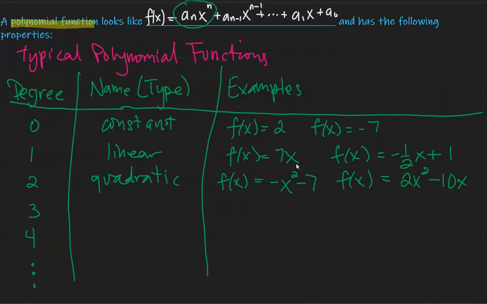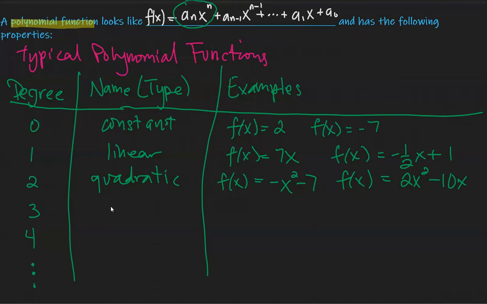Because I can just have 7x. I don't have to have the remaining, like I can just have this term. I don't have to have every single thing behind it as long as I have that one. Same thing with the quadratic. I need to have the x², and then I can have the x if I want, and I can have the constant if I want. I don't have to have both, as long as I have the x². It'll be the same for all the higher powers.